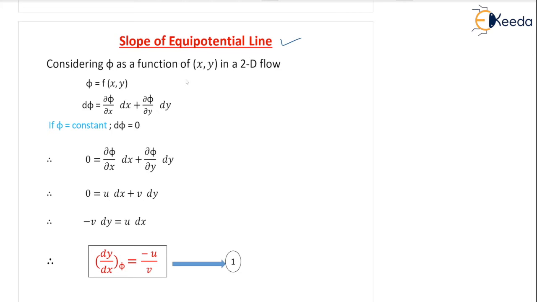So what is an equipotential line? We have seen in the last class that a line along which the velocity potential function phi remains constant is called an equipotential line.